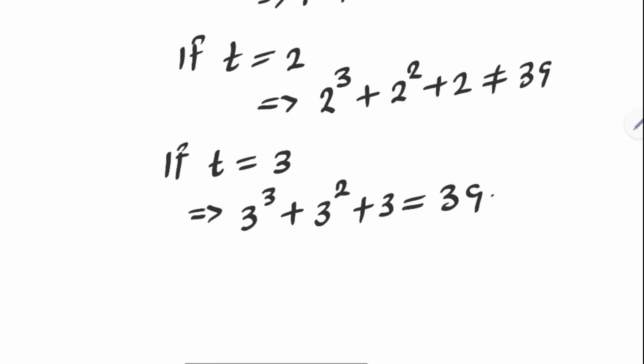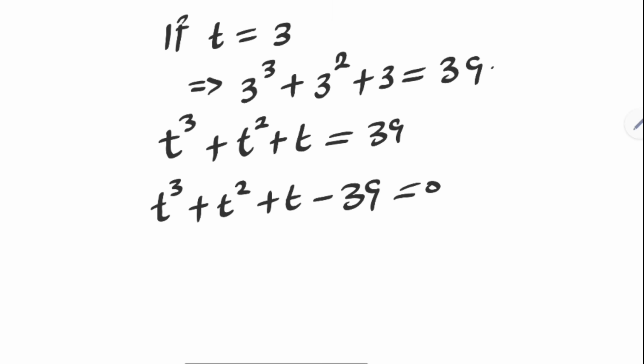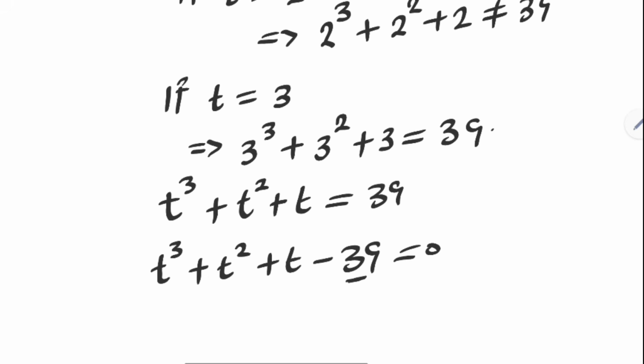Now the equation is t raised to power 3 plus t square plus t is equal to 39. So we have t raised to power 3 plus t square plus t minus 39 is equal to 0. So let's replace this 39 by the whole of this.